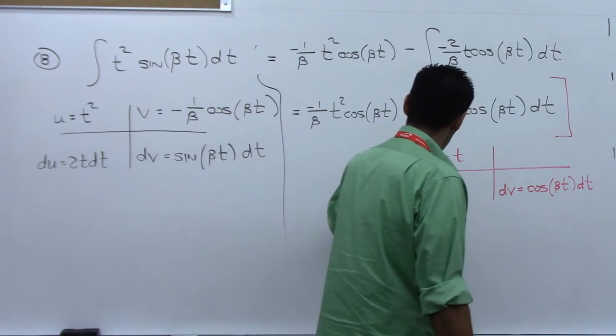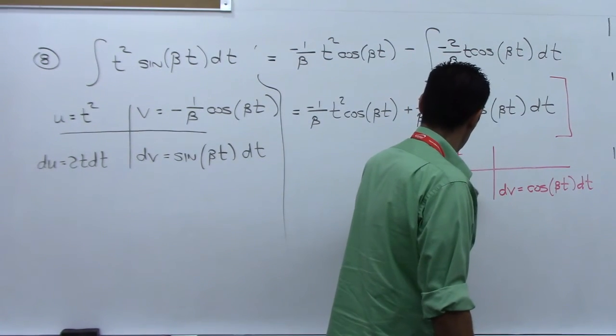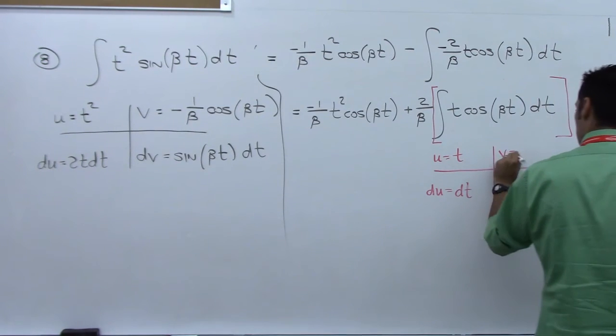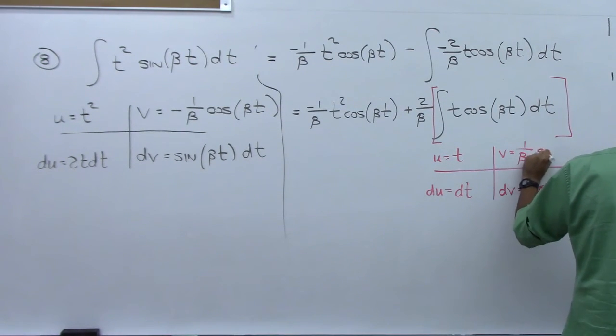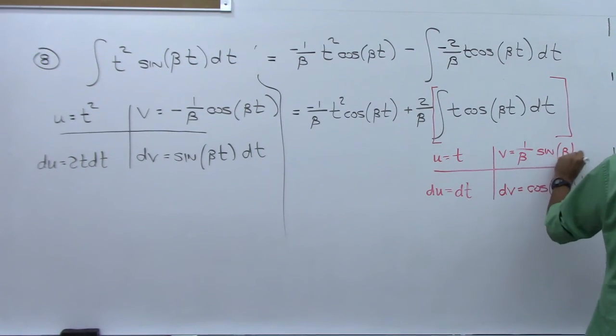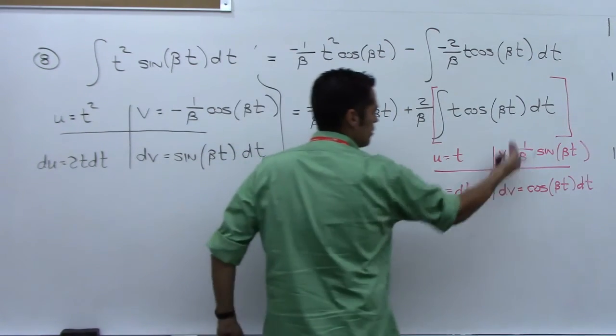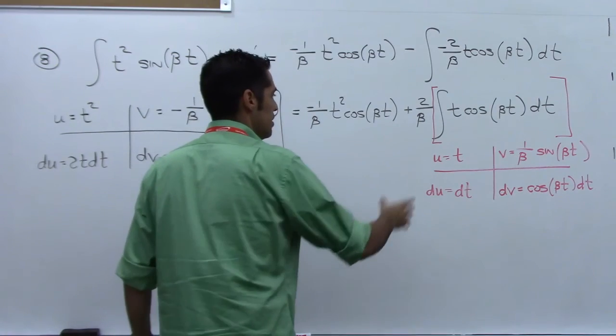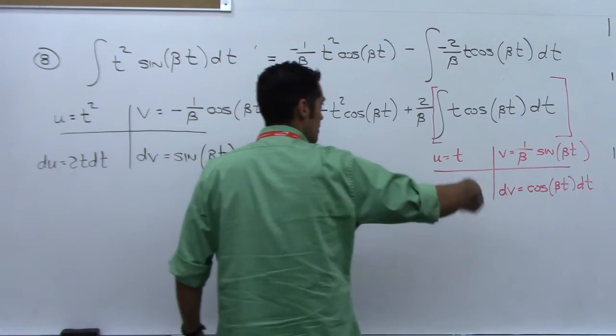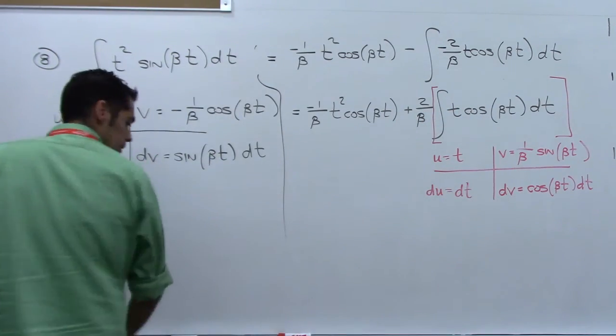And then du will be dt, and then v will be 1 over beta sine beta t. So derivative down, integral up, and now I'm going to rewrite everything in red using ultraviolet minus integral voodoo again.